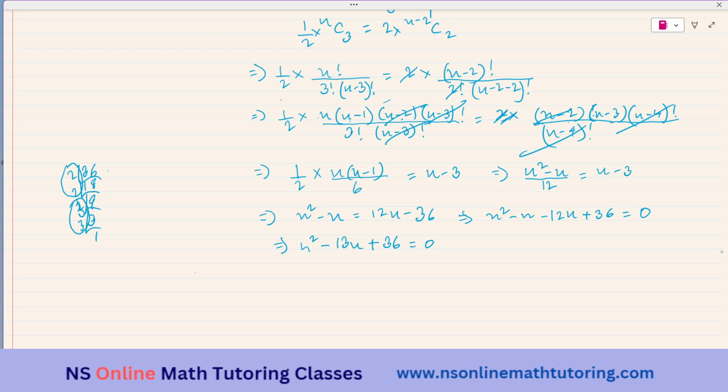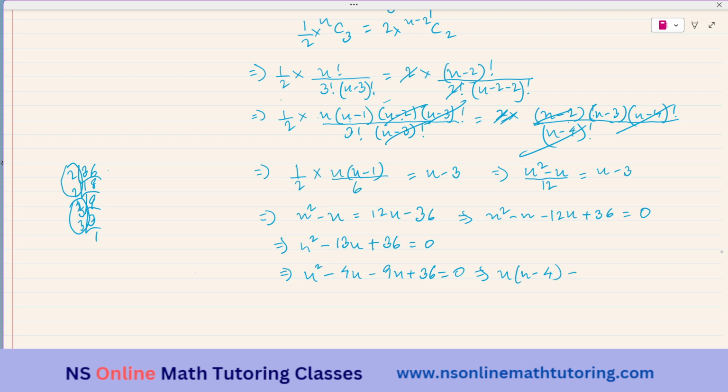So I can take minus 9n and minus 4n. So it is minus 4n and minus 9n plus 36 equal to 0. So taking the first two terms, it is n, common factor outside, and n minus 4 is within the brackets.